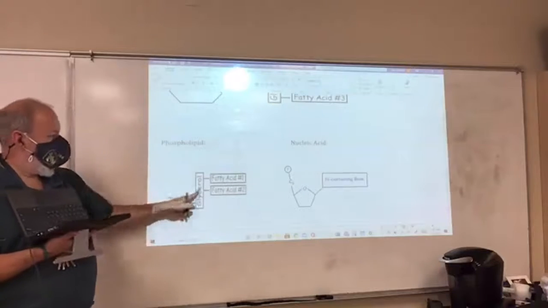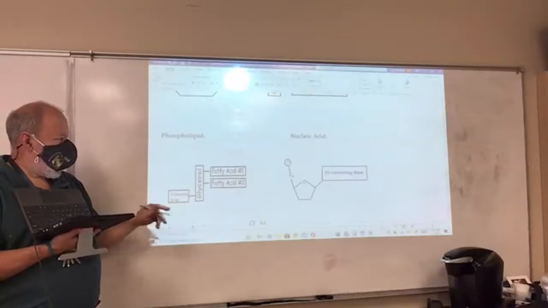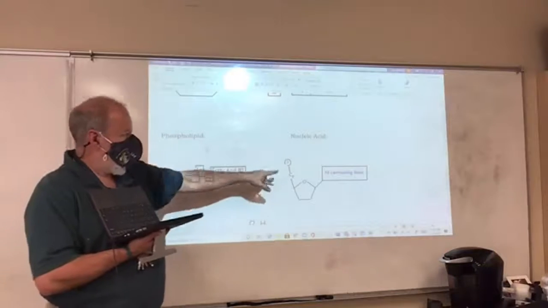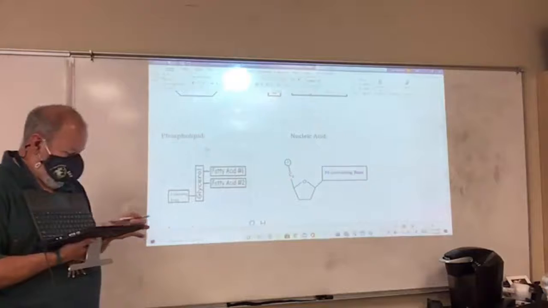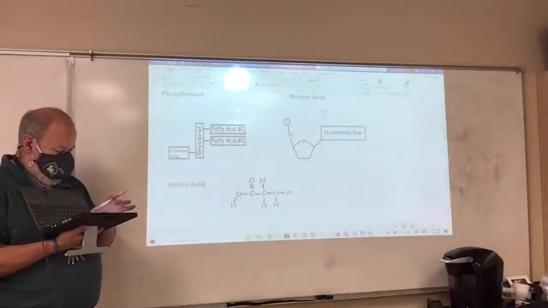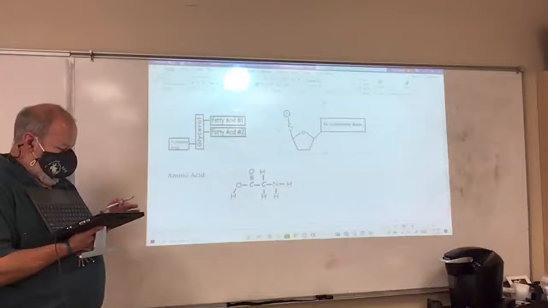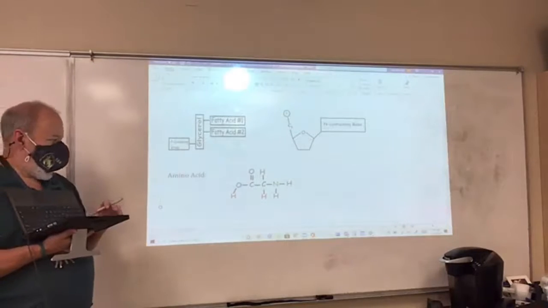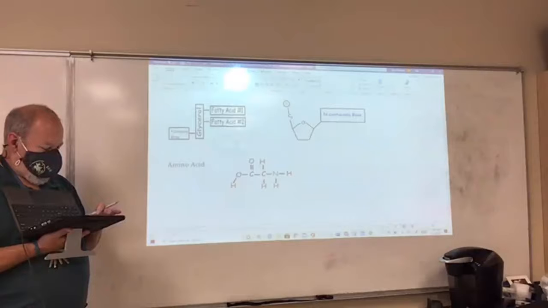This is what I want your cartoon to be for phospholipid. This is what I want your cartoon to be for a nucleic acid. And then this is what I want your cartoon to be for an amino acid. So be able to draw those.